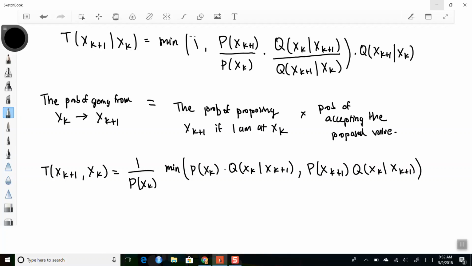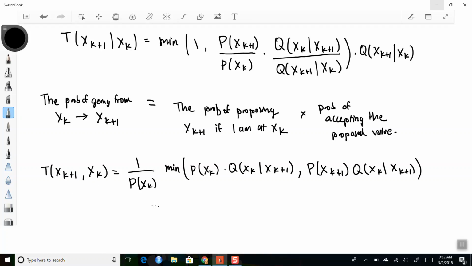Okay, so basically I have 1 being p of x_k over p of x_k. Is that okay? This step. Okay, so that's the transition probability of going from x_k to x_{k+1}.